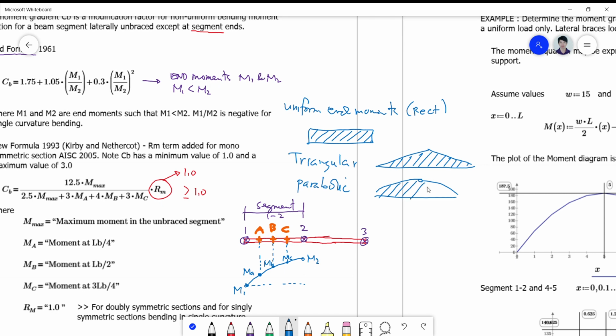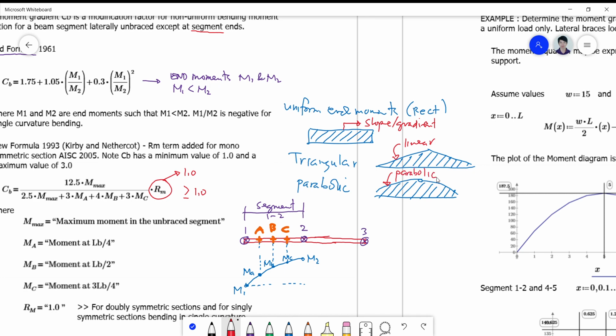So take note that this is a moment gradient. It's the gradient that counts. So the gradient is actually the slope of this. Okay, so when you say slope or gradient, we are referring to the variation of the moment diagram. So this is now a linearly increasing slope, and this is a parabolically decreasing slope.